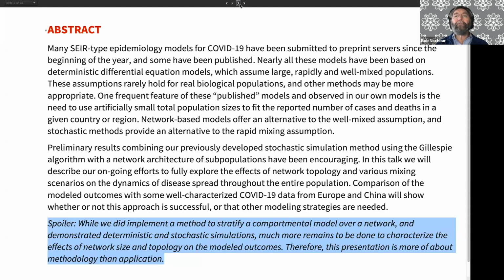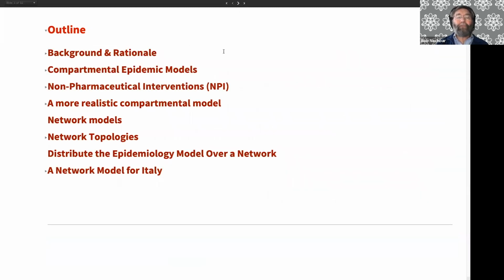Okay, so these are the things I'm going to cover: a little bit of background and rationale for why I needed to change the models I was working on earlier. A little bit of background on compartmental models. There have been several talks already, at least two today, on this topic. People have talked about non-pharmaceutical interventions, Thomas most recently with his government switch function, as it were.